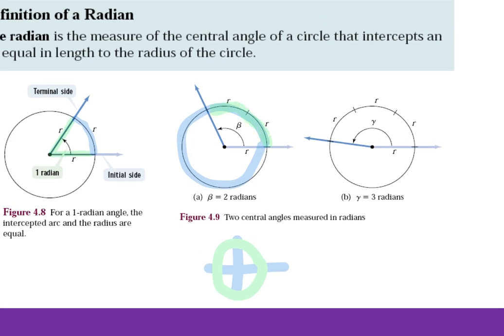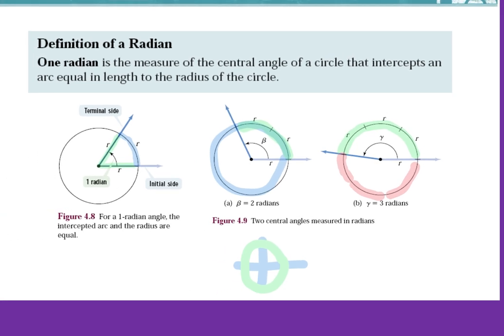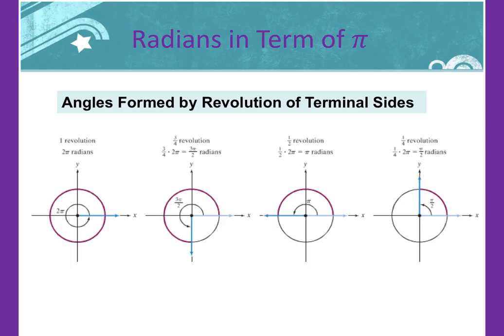This right here is 2 radians. This is 3 radians. If I kept going to here, it's 4. If I kept going to there, it's 5. If I went all the way around, it's actually 6.28 radians because it's the equivalent of 2 pi. So what you're going to have to do is estimate it in terms of pi and then not in terms of pi. So hopefully this one helps a little bit, okay?